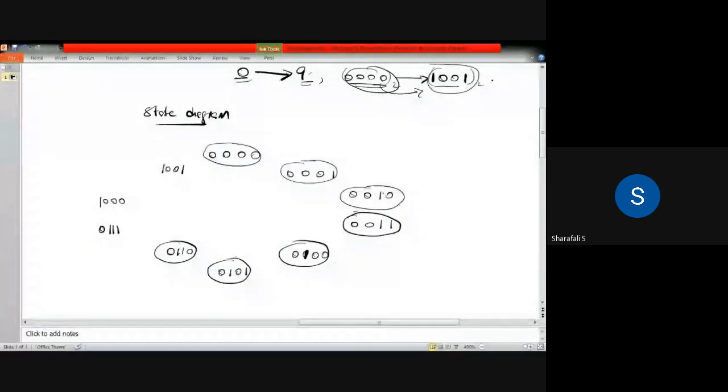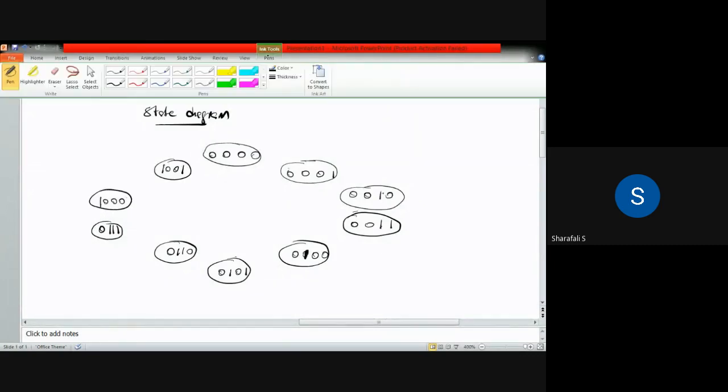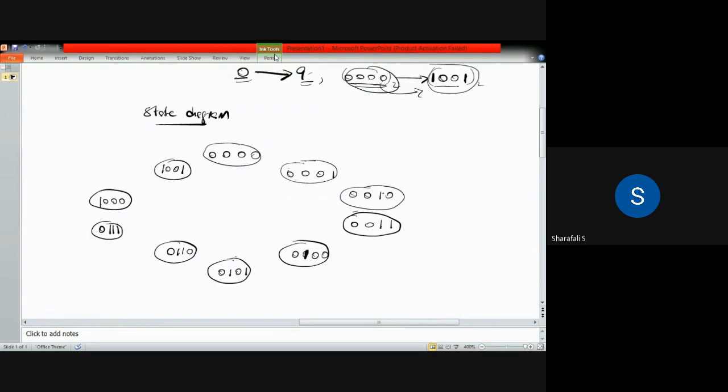So these are the states. I'll use some different color now. So this is the state diagram of this particular decade counter. Decade means 10. It is changing the state from here to this, to this, like this.